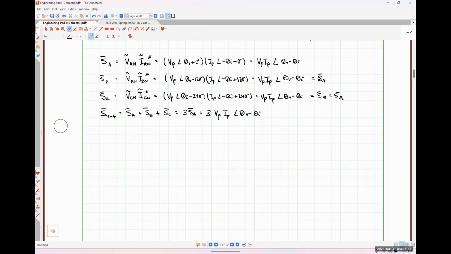I'm going to rewrite it down here underneath because we're going to manipulate it in a moment. So the total complex power absorbed by our three-phase load is 3 VP IP with an angle of theta V minus theta I.